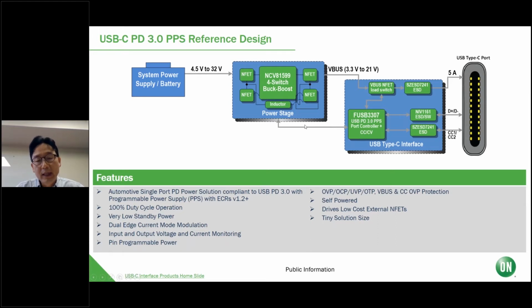So the power is fully controlled by the FPUSB3307, which is a standalone state machine based device. It's pretty simple because there is no MCU control, which means no software control is needed. The FPUSB3307 controls all the USB PD and Type-C applications, and the NCB81599 takes the power supply portions based on battery power with a 4.5 to 32 volt input.